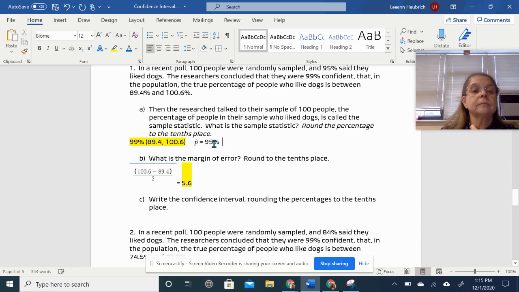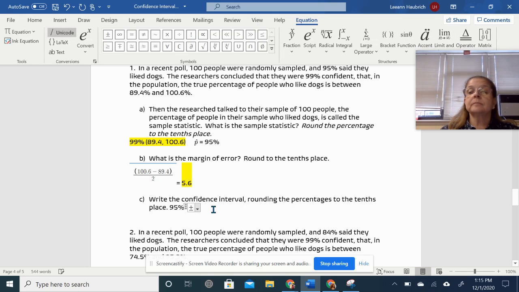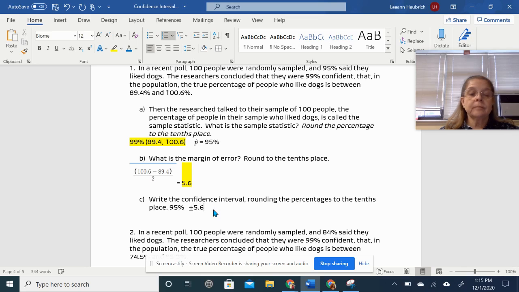So this is going to be a 95%, I mean, the plus or minus 5.6%.